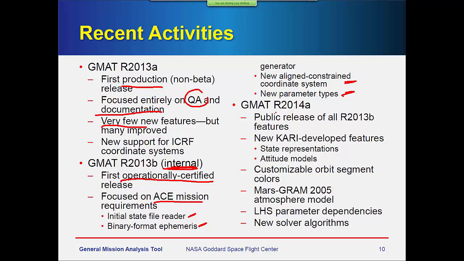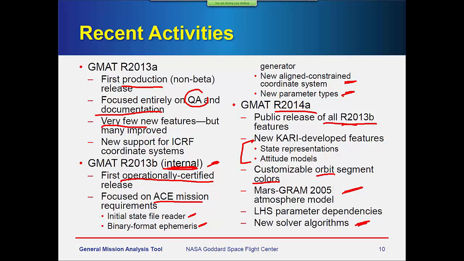And since then, we've been working on 2014A, which is what you have. It actually includes everything in the 13 release, all 13 release features. New stuff from Kari, so we have some new state reps, some new attitude types. So orbit colors, that's handy. A new Mars atmosphere model, some new solver algorithms.